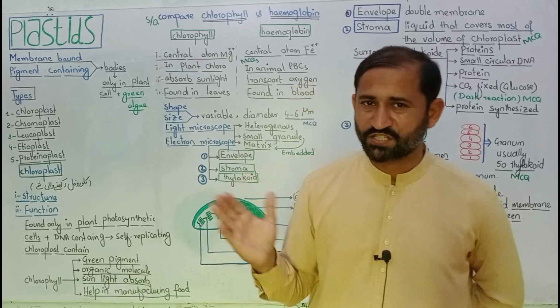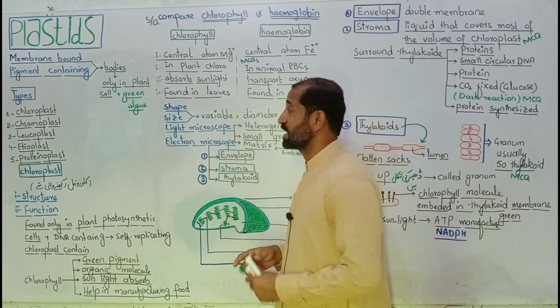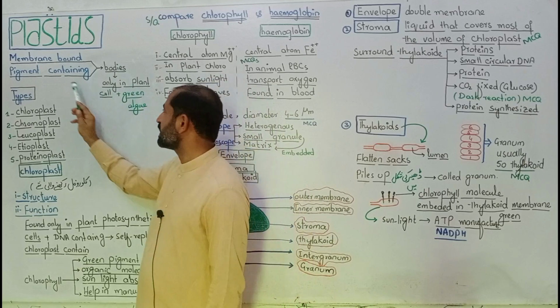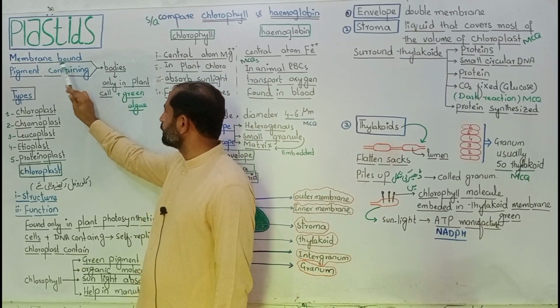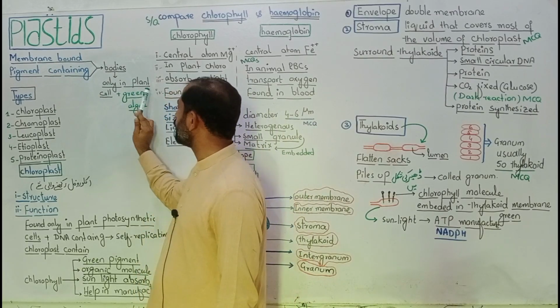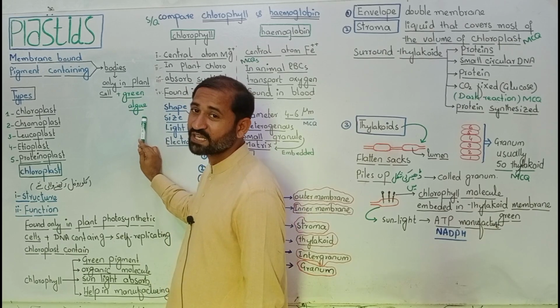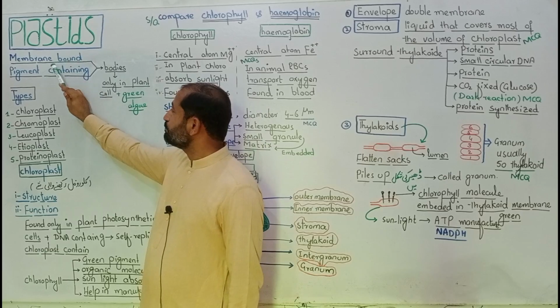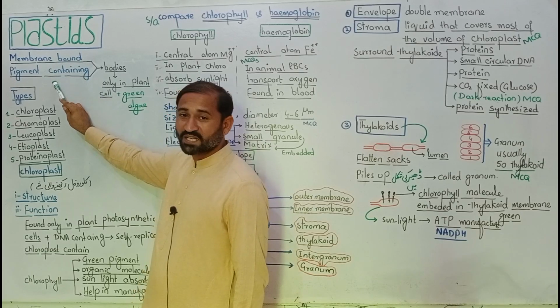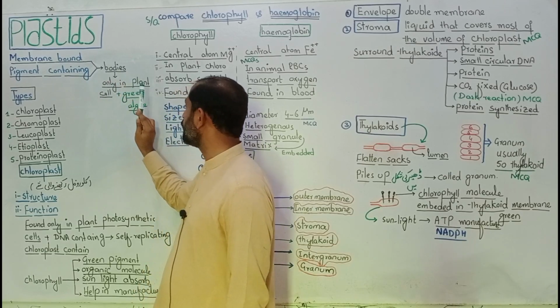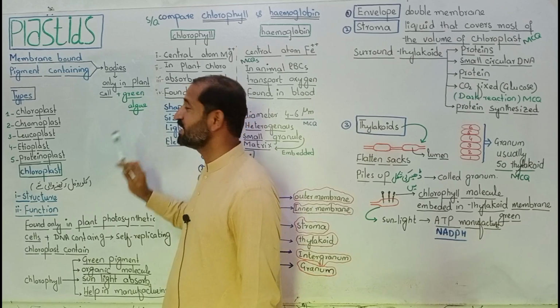We will discuss this in detail from here, starting with plastids. Plastids are membrane-bound, pigment-containing bodies found in plants and green algae.